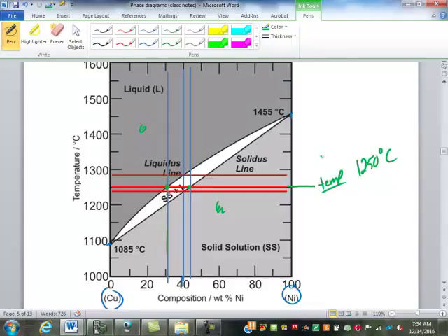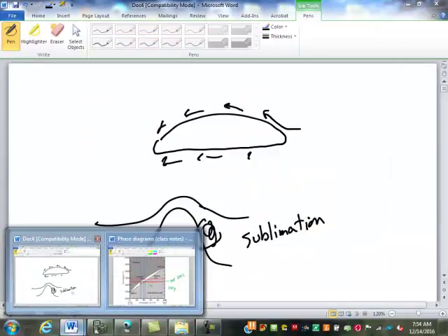Let's say we had 1,000 grams of our original material. So here's what we had. Let's go back here. Our original material was 40% nickel, 60% copper.